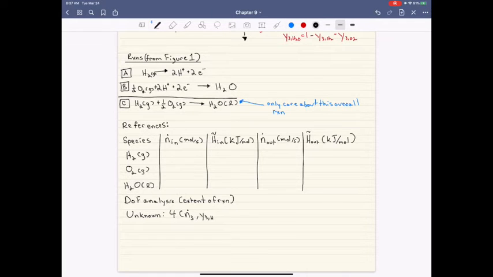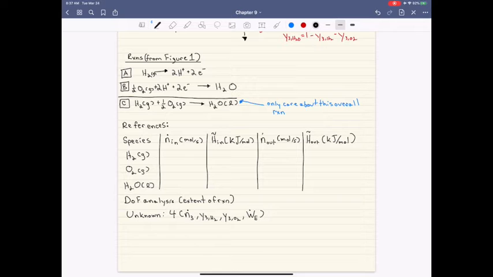We don't know the composition of the H2 or the O2 in that outlet stream. We also don't know the H2O composition, but we know that's dependent on both the hydrogen and the oxygen compositions. And the last thing we don't know is the electric work that's provided by the fuel cell.